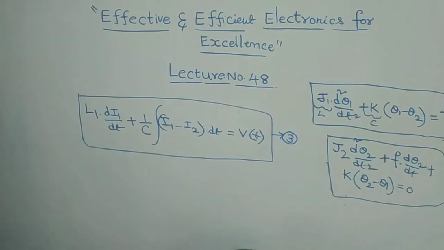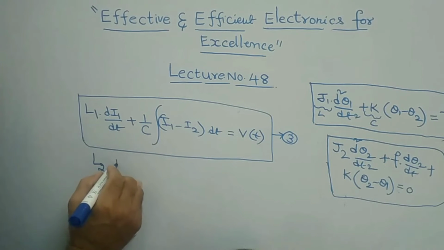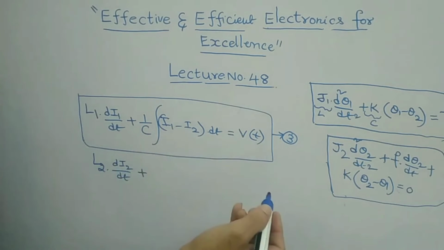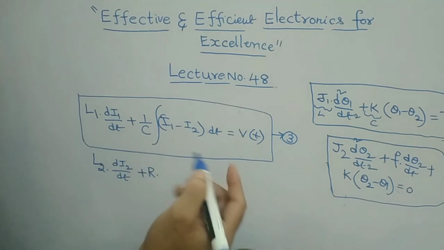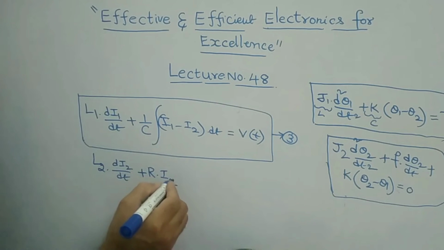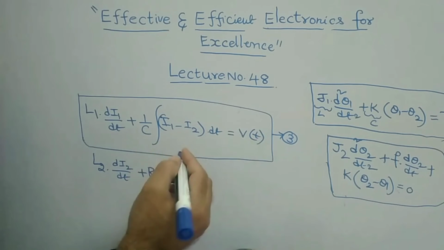Clear? Similarly, from the second equation, how is it? L2 into di2 by dt definitely, plus your F is nothing but B, nothing but your R into I2. I told you that it is I, current.